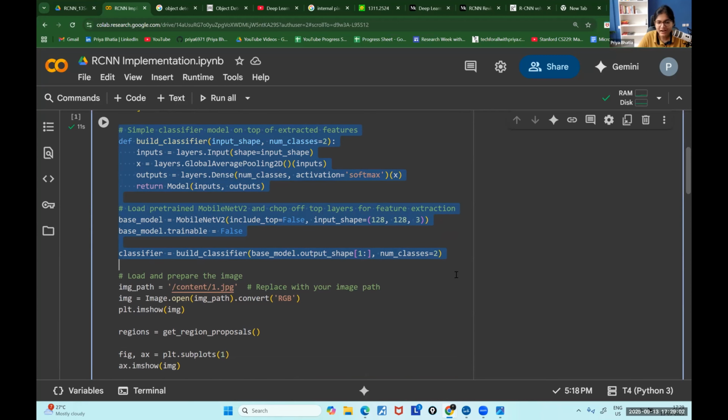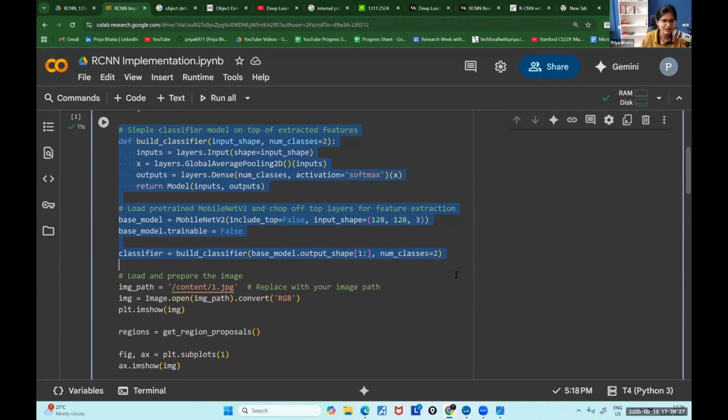Now, we are nowadays using pre-trained CNN-based models to do that step. As I have mentioned, in CNN, we do have already pre-trained models like AlexNet, VGGNet, ResNet, MobileNet V2. So all of these are inbuilt pre-trained models we have.